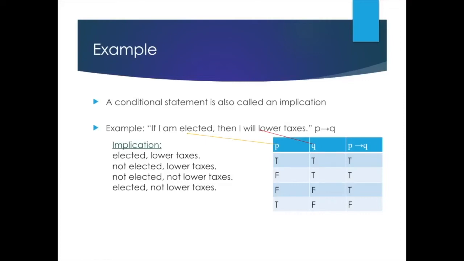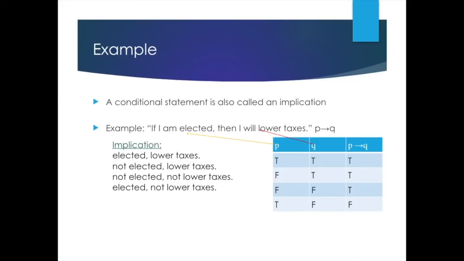Look at the example. If I am elected, then I will lower taxes. So we have P, which is the first statement, if I am elected. Now Q is the other part, which is I will lower taxes. Now let us take the truth table of them.